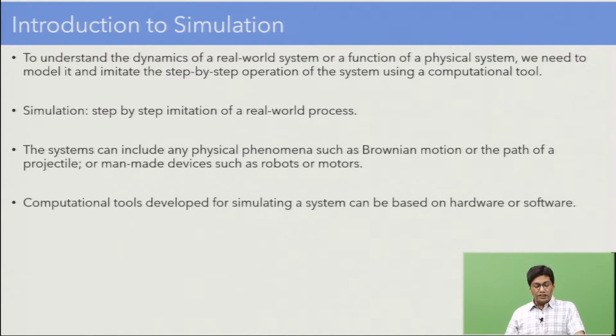And this computational tool can be either a hardware based tool or a software based tool. You can simulate the system using a computer, basically using software, or sometimes there are hardware based simulation tools which try to mimic real world systems, for example, an FPGA based system or human in loop simulators.